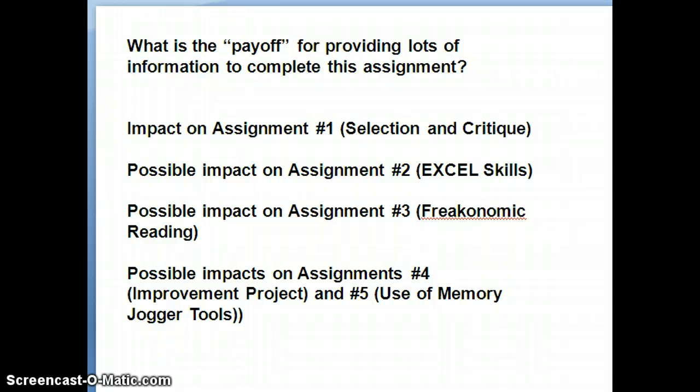And then finally, assignment 5, you're going to use the Memory Jogger little support book as a basis for some tools. So I think I can make a pretty good case for telling you that almost all of the succeeding assignments of this course are going to be enhanced, easier, and take you less time when you get to the assignments if you pay a little attention at this point to the pre-assignment.